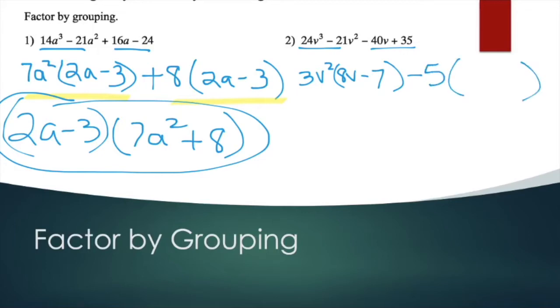I'm really taking out a negative 5, meaning I'm dividing by a negative 5. So that's why the minus is there. When I take a negative 5 out of the negative 40v, I'll have an 8v. And when I divide a negative 5 from the 35, I'll have a negative 7.